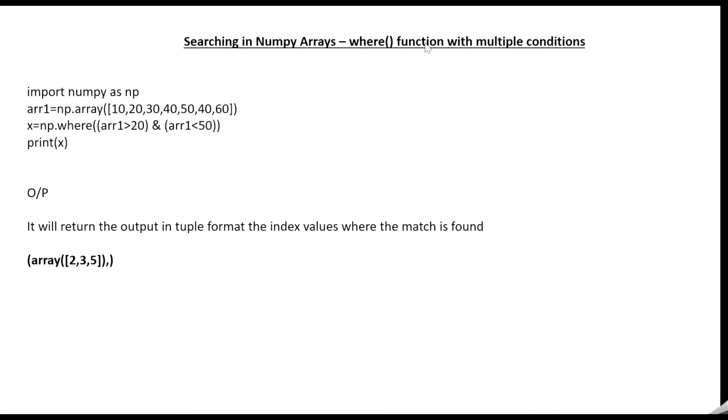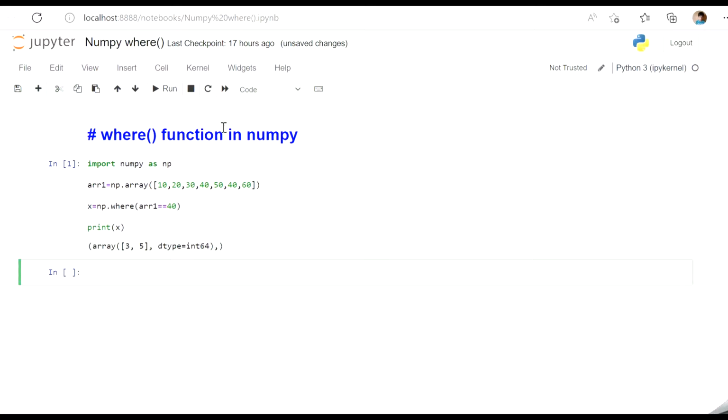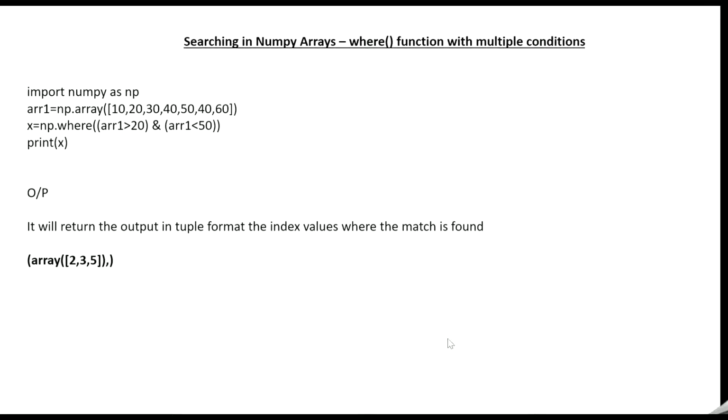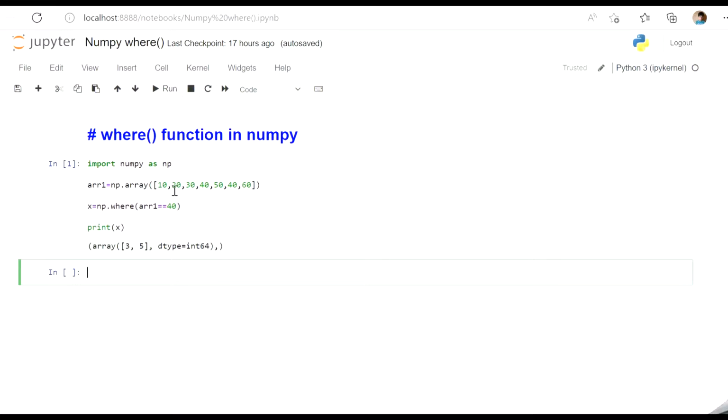Now let's look into where function with multiple conditions. So for the same array, let me give the condition np.where array 1 greater than 20 and array 1 less than 50. So instead of equal to 40, let me say array 1 greater than 20 and array 1 less than 50.